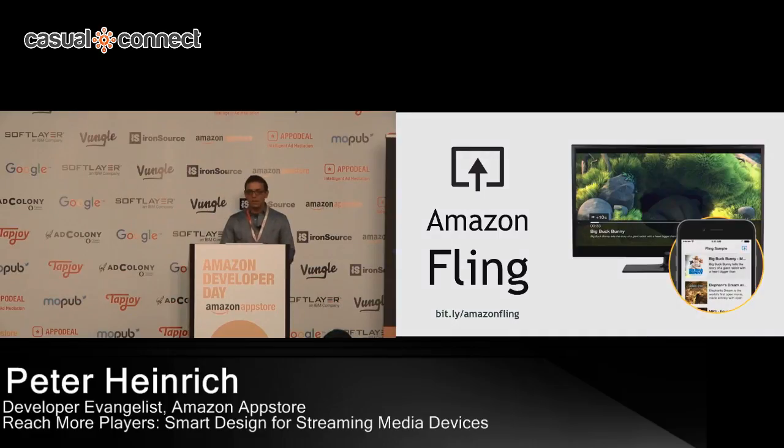You can also take advantage of Amazon Fling, which is an SDK for sending audio and video and images to a Fire TV device or Fire TV stick device from apps on iOS or Android or Fire OS, of course. And it allows playback control and a synced experience if you want to provide some kind of second screen type interface.